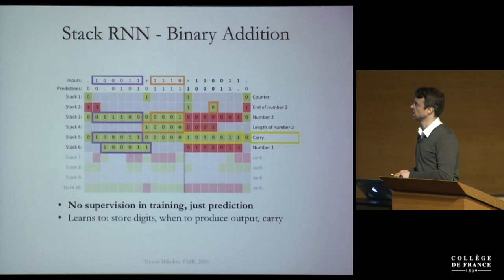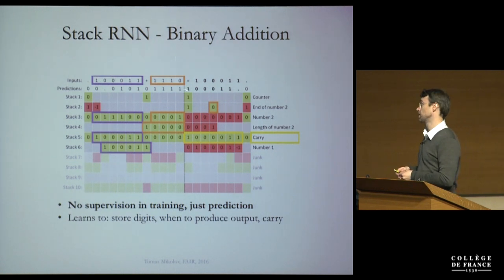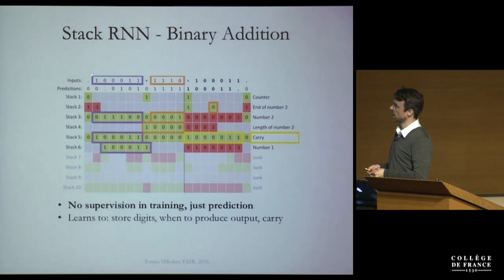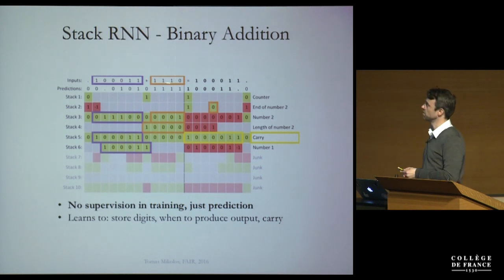This is just a little illustration of them doing the binary addition. At training time, they're given these sequences of numbers, with I guess an addition symbol indicating the separation between the two numbers, and then they're given the output sequence.